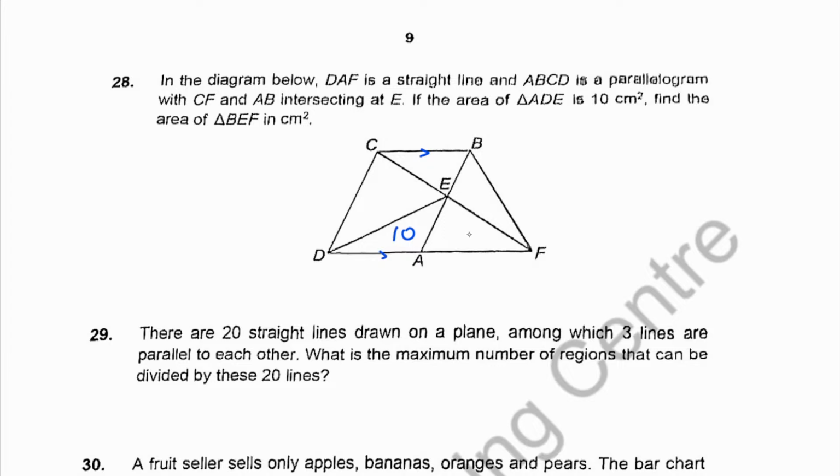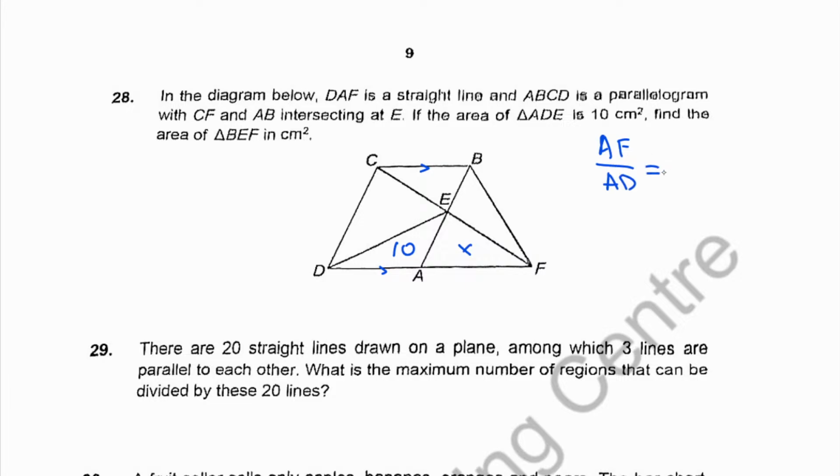So let's say this area is X. Then we have AF over AD is equal to X over 10, right?